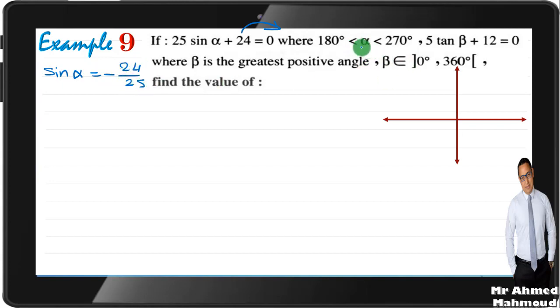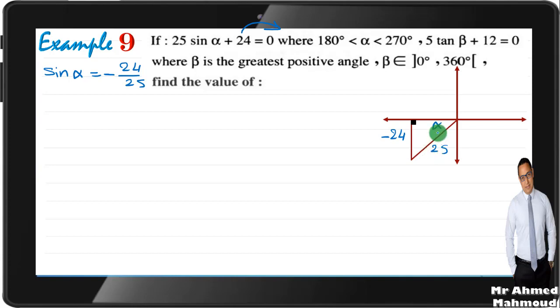Alpha belongs to the third quadrant. So I'm going to draw a triangle in the third quadrant like this, called alpha. Okay, alpha here, its opposite is negative 24. The hypotenuse is 25.